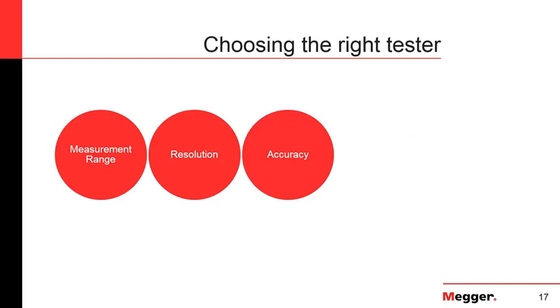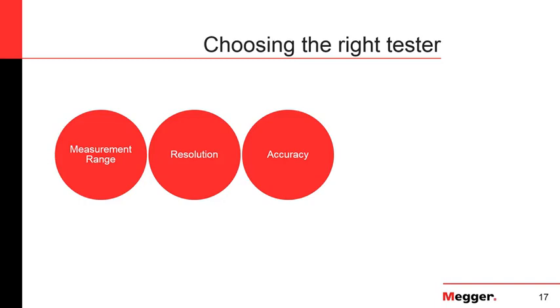Now, the accuracy of my tester is important, of course, to have the right readings when I'm testing. In this case, instruments will have two different statements. The ones that state accuracy as a percentage of the range, and the ones that state accuracy as a percentage of the reading.